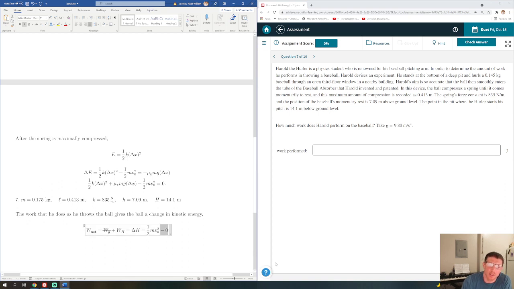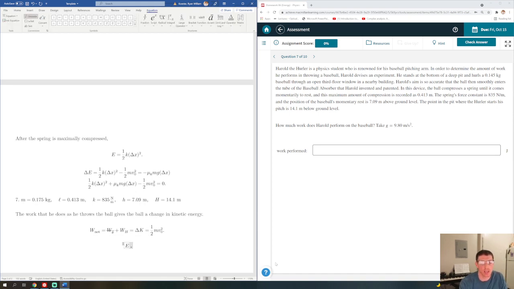So this is then saying that the work that he does on it is equal to its initial kinetic energy, in essence, right? Now is the point that we apply conservation of energy, because after the ball leaves his hand, if we're neglecting air resistance, there are no non-conservative forces doing work on the ball, right?